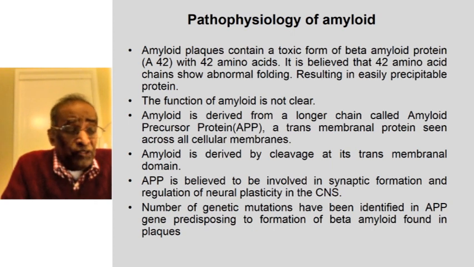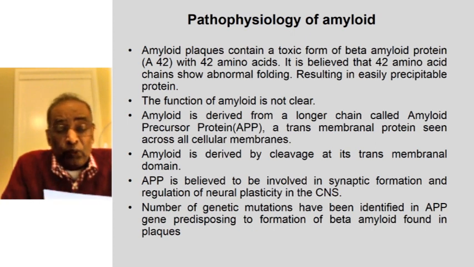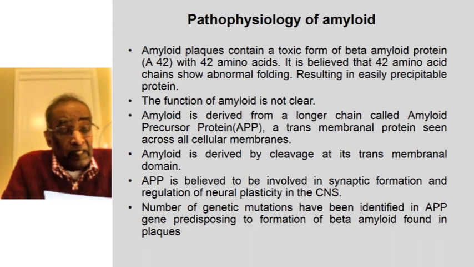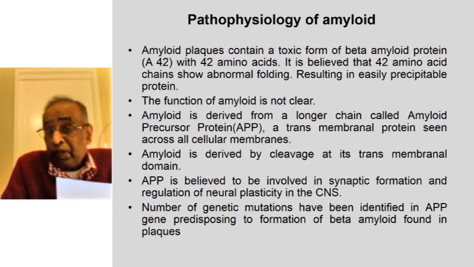The pathophysiology of amyloid, the function of amyloid, is not clear. The amyloid is derived from a longer chain called amyloid precursor protein, a transmembranal protein seen across all cellular membranes. Amyloid is derived by cleavage at its transmembranal domain.